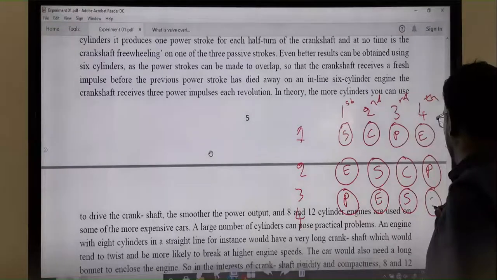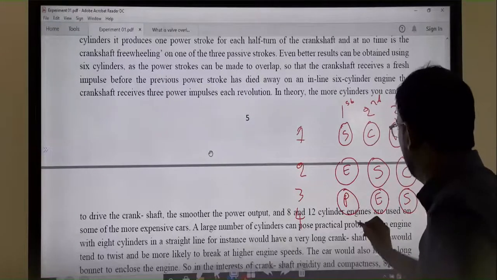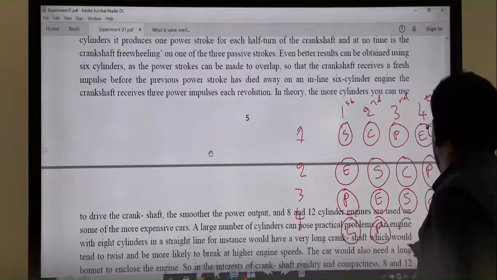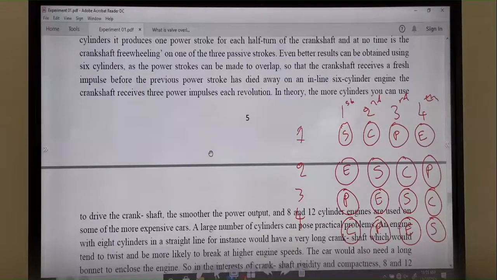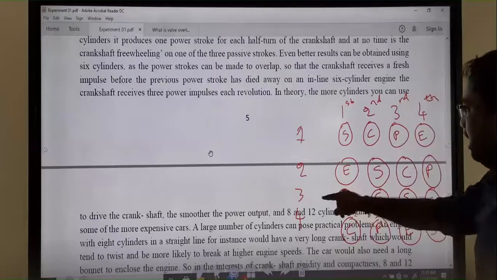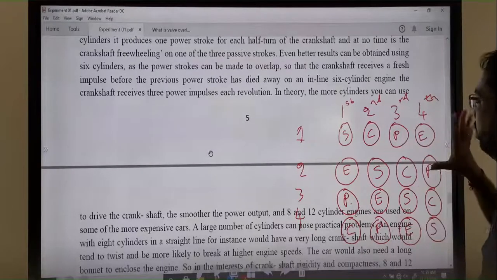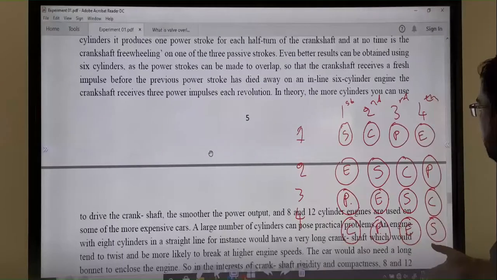This is compression. This is compression, power, exhaust, suction. So we can see the first time the first and third cylinders get the power, the second cycle the fourth cylinder gets it. So it continuously gets the power stroke.